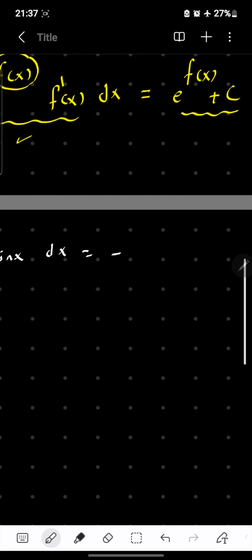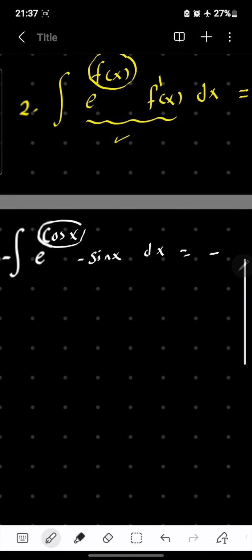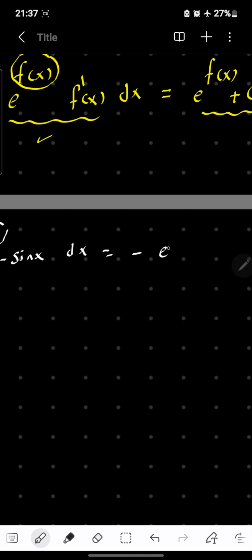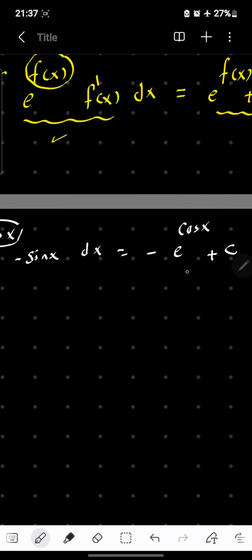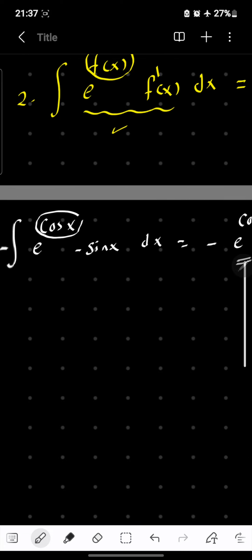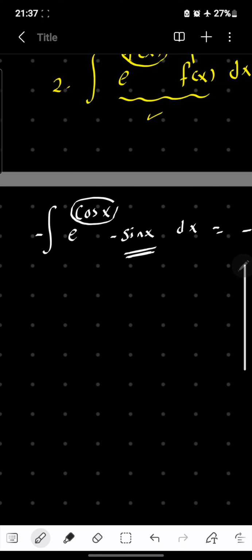So we have the negative from outside, and we have e to the power cosine x as it is. We cannot integrate e power cosine and leave it as it is if we don't have sine x. So you have to guarantee that the derivative already exists inside the integral.